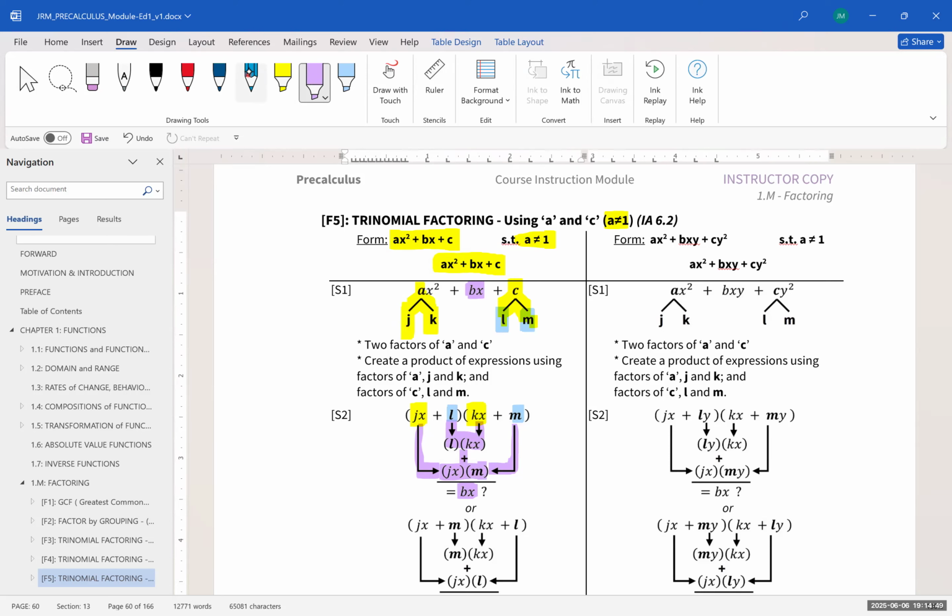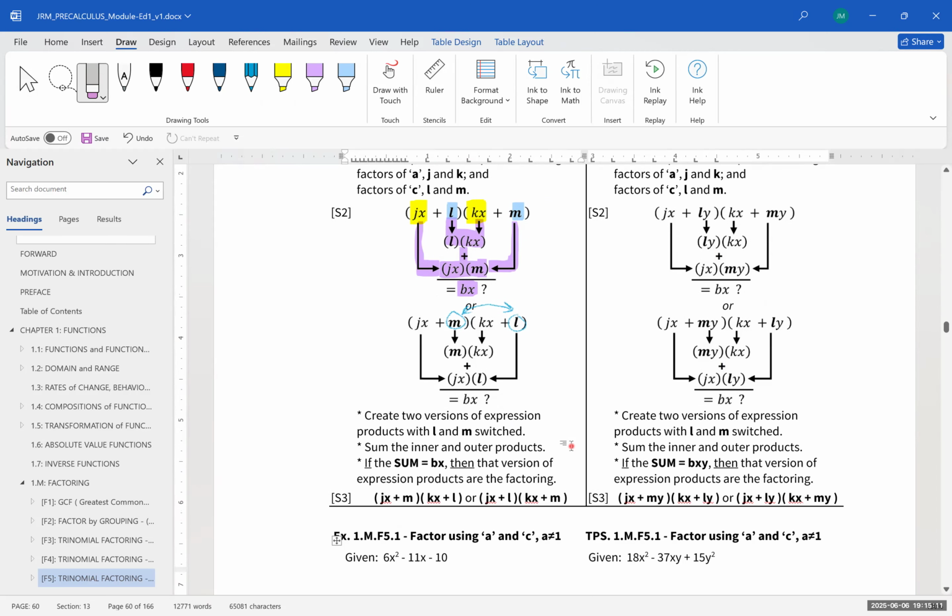If that does not work, we'll do the same process, but switch the position of L and M. You can see that down here. So maybe I should have put that down there like so.